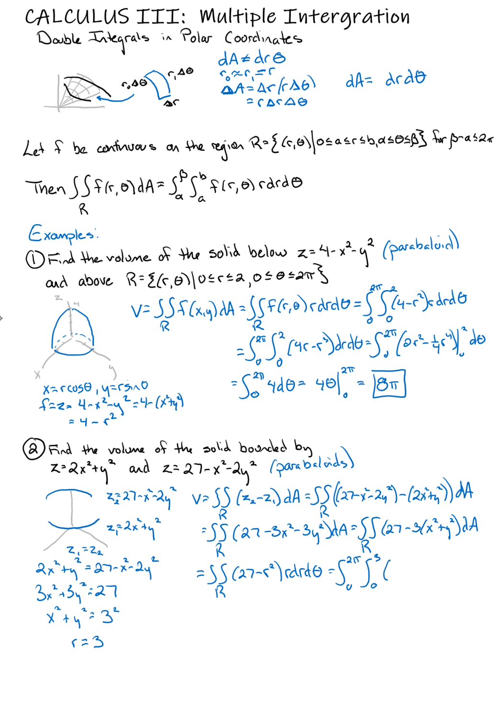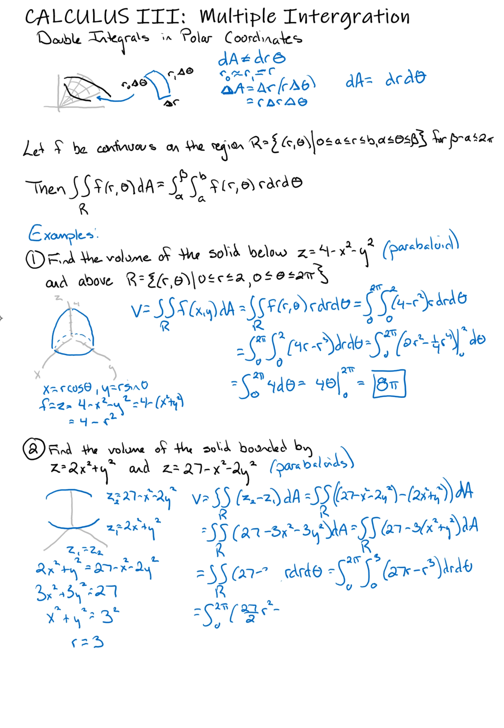While I'm at it, let me go ahead and distribute this r in here. So that gives us an integrand of 27r minus 3r cubed dr d theta. Integrating with respect to r first gives us 27 over 2 r squared minus, oh guys, I left off a 3.